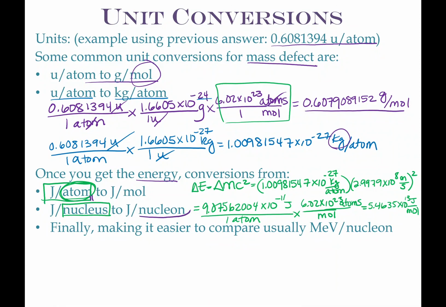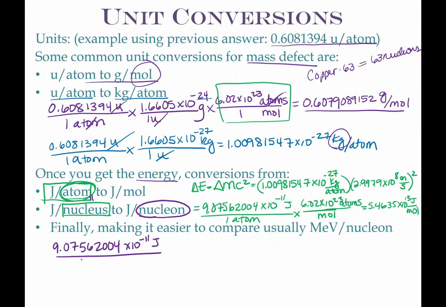And we might want to go to joules per nucleon. How many nucleons are in copper 63? It has 63 nucleons: number of protons plus number of neutrons. So we would take our number for joules per atom, 9.07562004 times 10 to the negative 11th, which becomes joules per nucleus.